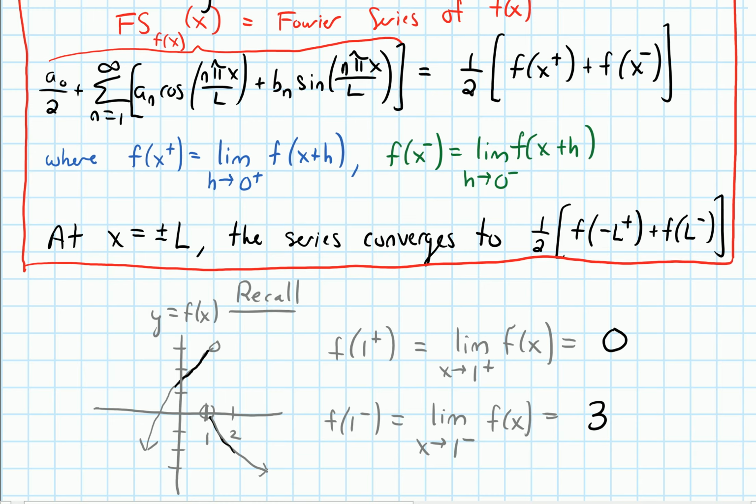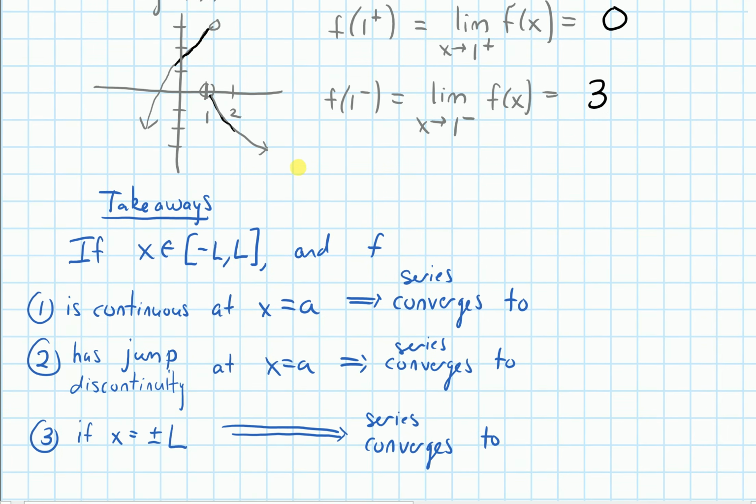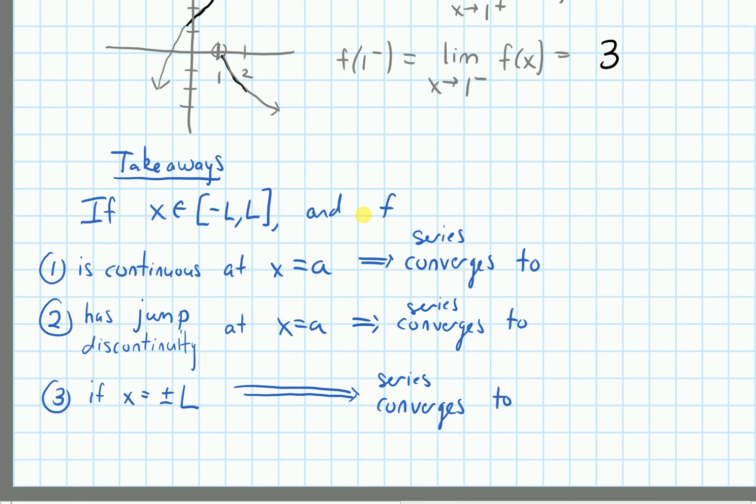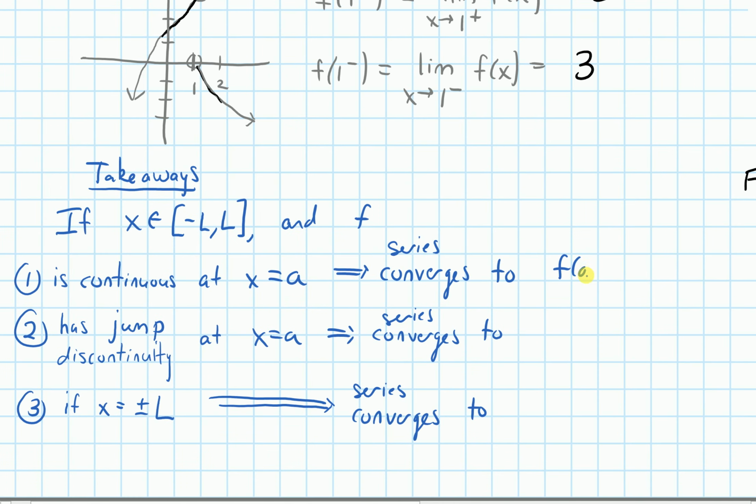And in that case, the whole thing will just become f of a. When our function has a jump discontinuity at x equals a, the series converges to what our formula said, 1/2 f of a from the right plus f of a from the left. So in the special case when my function is continuous, this formula will simplify to just f of a.